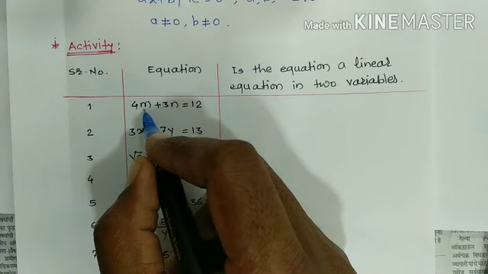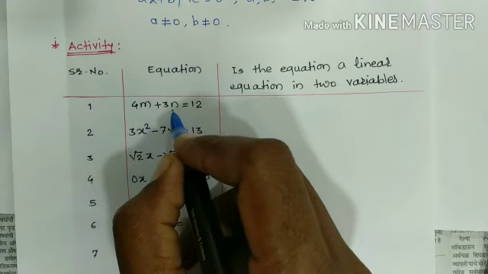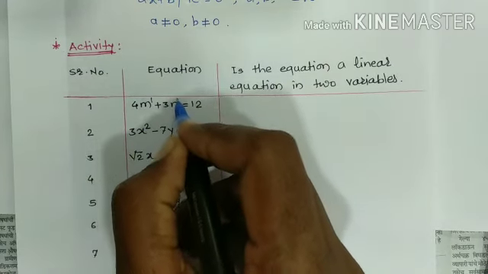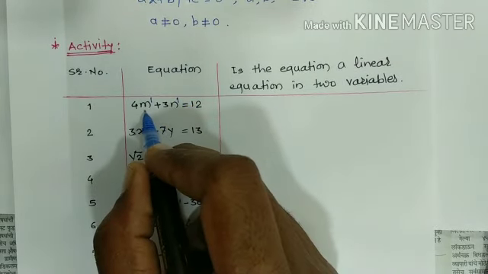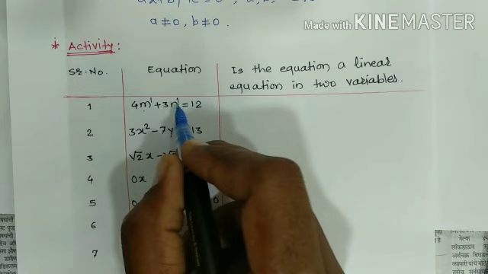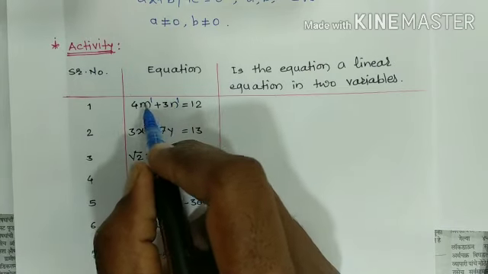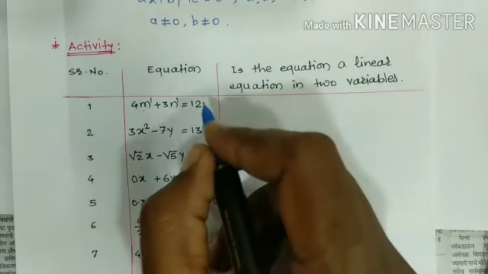Here the index of variable m is 1, the index of variable n is also 1. That's why the degree of each term is 1. Therefore this is a linear equation in two variables.